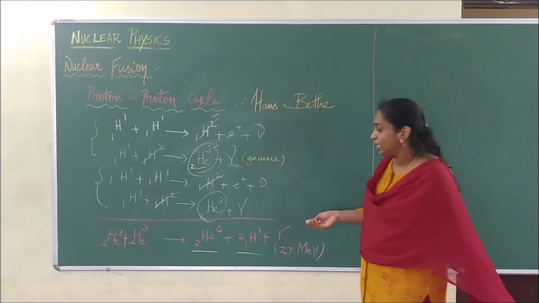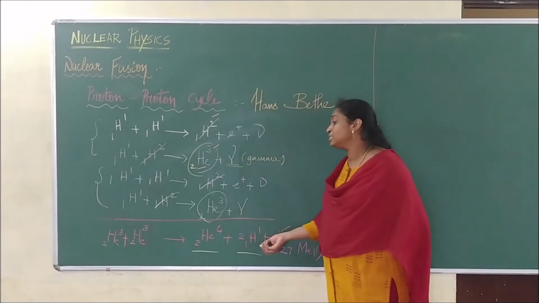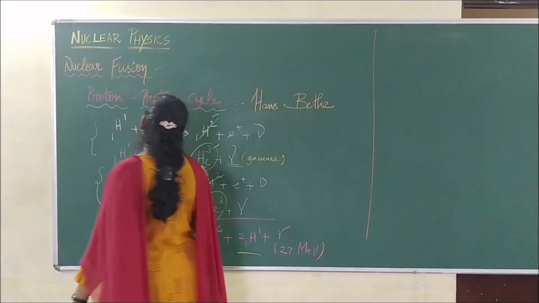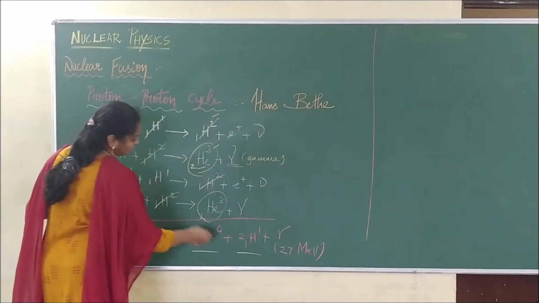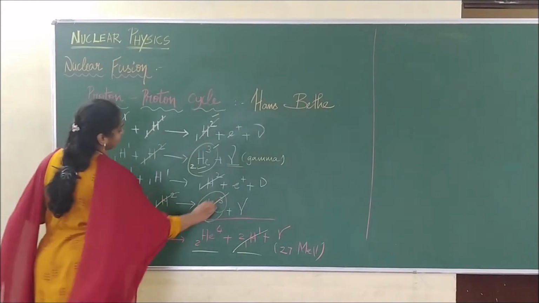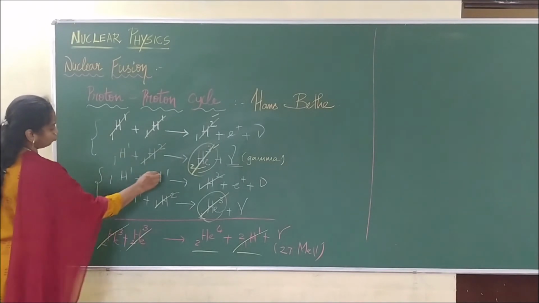Is it clear? These two things have been joined together to release a large amount of energy. So this hydrogen 2H1 gets cancelled, and this He3 gets cancelled. So what are the things left over? 1, 2, 3, 4.